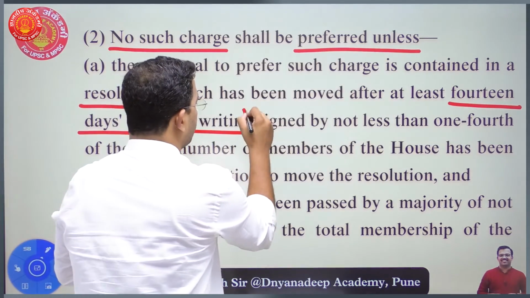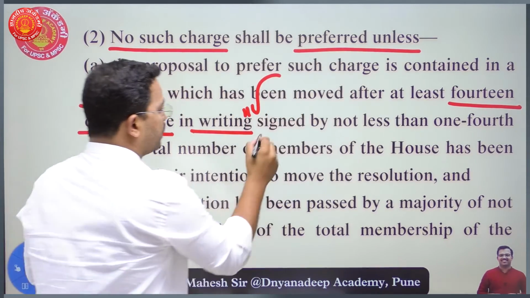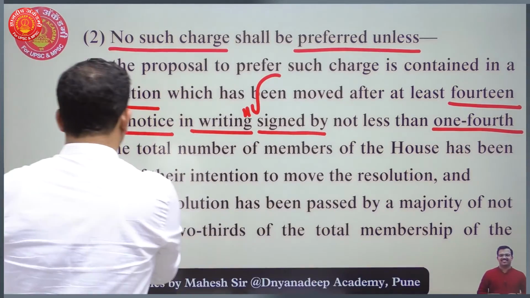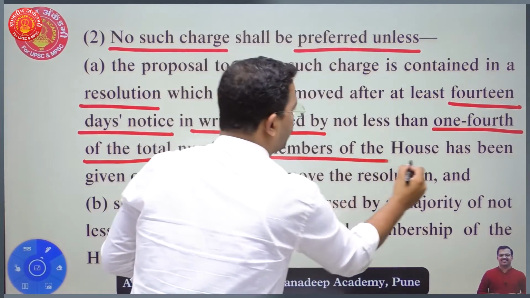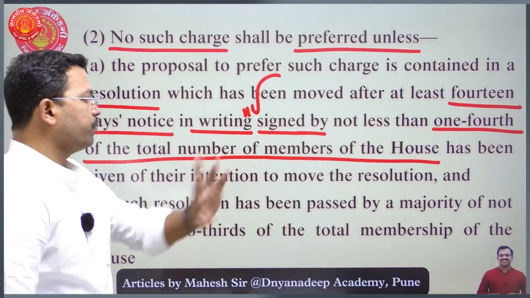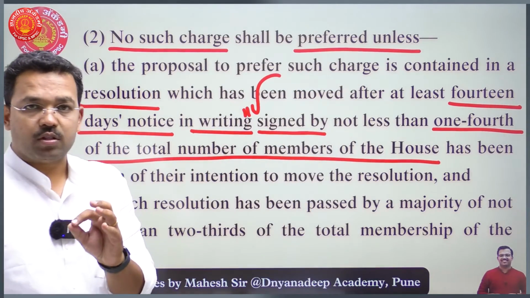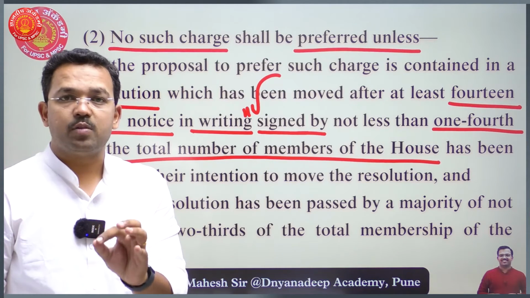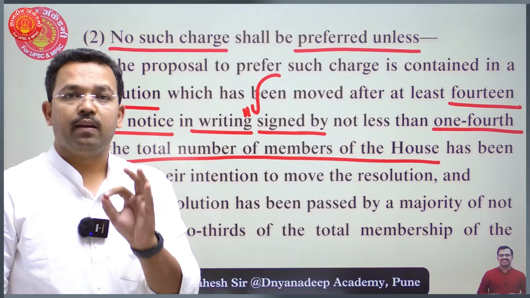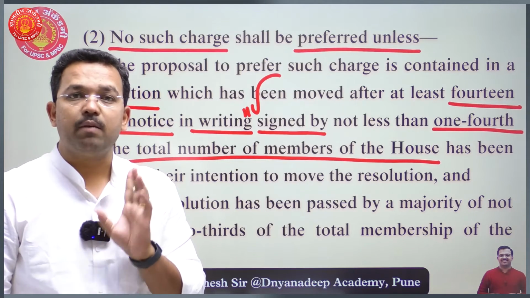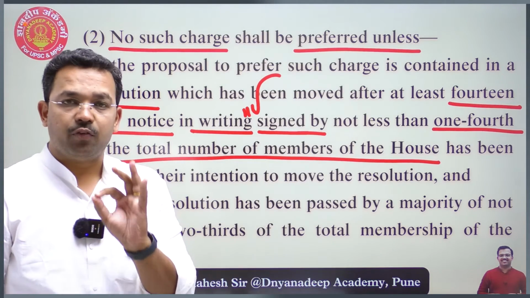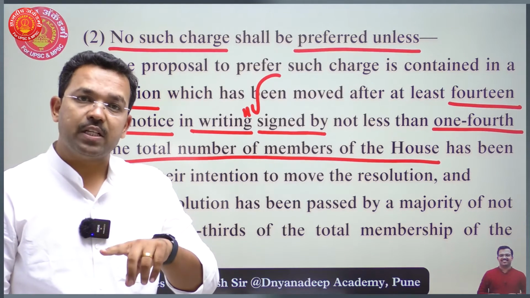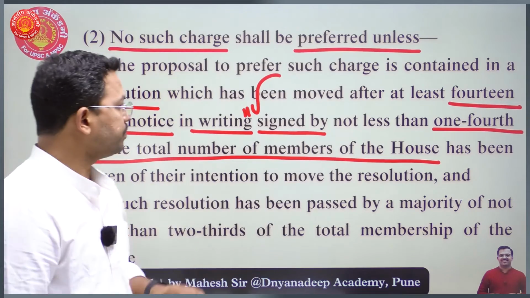This notice must be given in writing and signed by not less than one-fourth of the total number of members of the House. Whatever resolution you are going to put, before that a 14 days notice must be served to the President of India. This notice must be signed by at least one-fourth of the total members of the House which is going to start the impeachment process against the President.